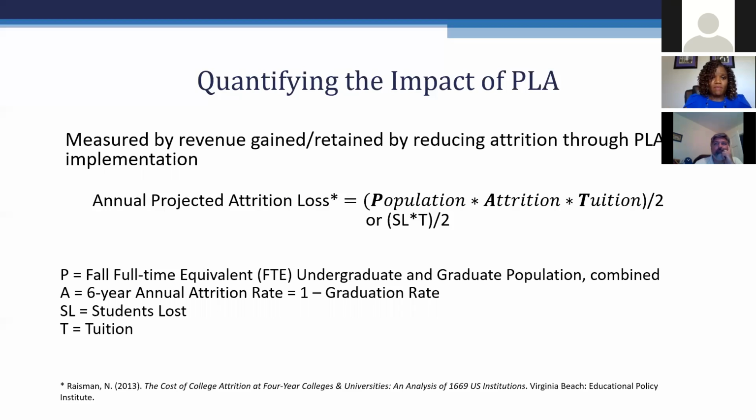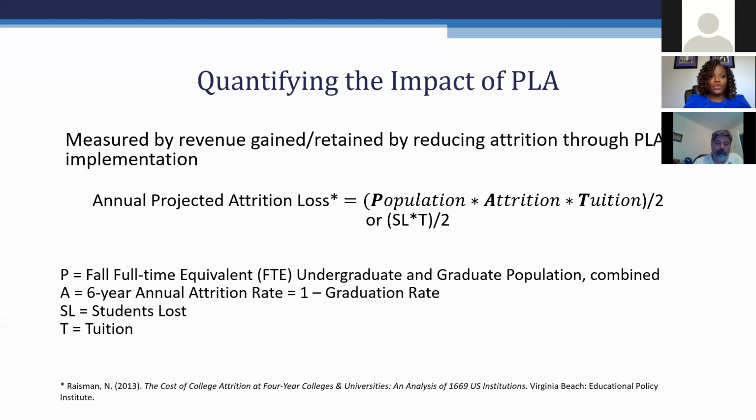So the Educational Policy Institute a few years ago put forth a paper where it analyzed almost 1,700 US universities to determine what the cost was that was associated with attrition from four-year colleges and universities. And in calculating that, they determined that the annual projected attrition loss was a function of the student population times the attrition rate times tuition divided by 2.